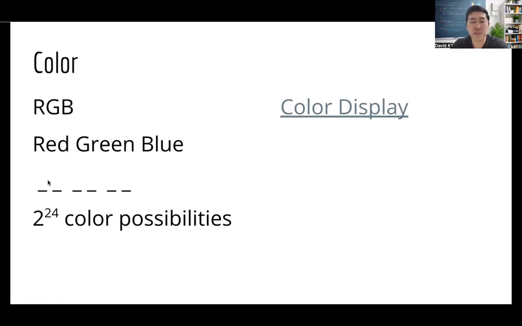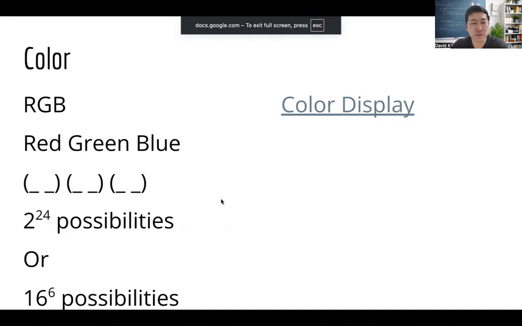So hexadecimal, as we learned from the previous lesson, how many digits does it have? 16, which means there are 16 possibilities here, times 16 possibilities here, times 16 here, times 16 here, times 16 here, times 16 here, giving you a total of 2 to the 24th, or 16 to the 6th possibilities.